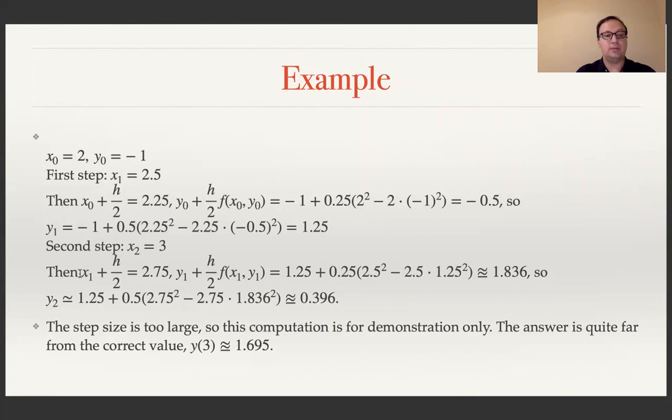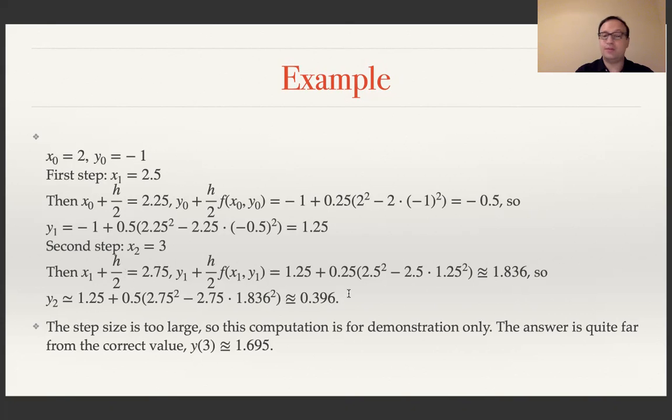The next step will be: I start with x1 and y1, and I compute x1 plus h over 2 and y1 plus h over 2 f of x1 and y1. And then I take these values and plug them into the formula for y2. And we get the approximate value 0.396.